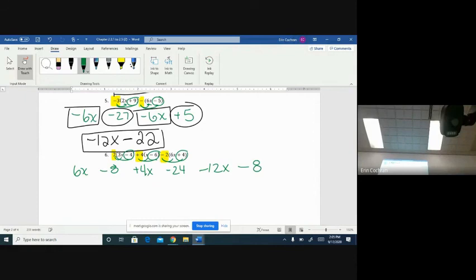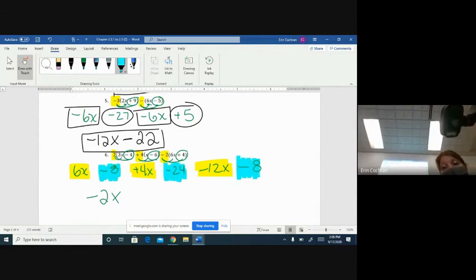Okay. So now let's combine like terms. 6x, 4x, and negative 12x. So 6 plus 4 is 10. 10 minus 12 is negative 2x. Okay. Now we have a negative 8, a negative 24, and a negative 8.